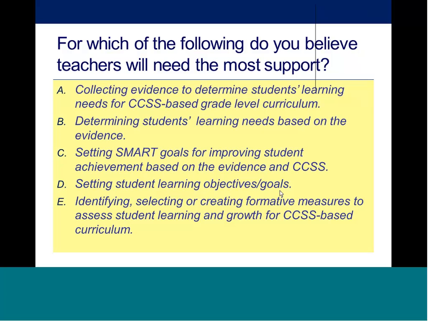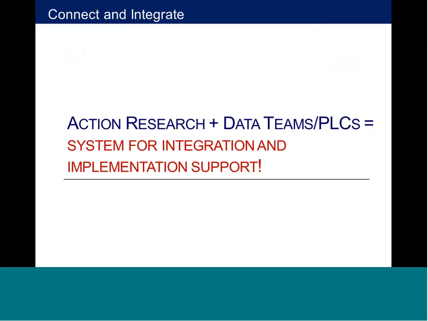So let's think about that. So we know they're going to need help with assessments. We know they're going to need help with setting those SMART goals. Action research and data teams together can help us have a place where that can happen that's part of the normal structure.